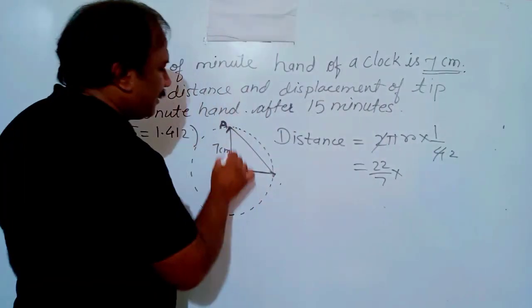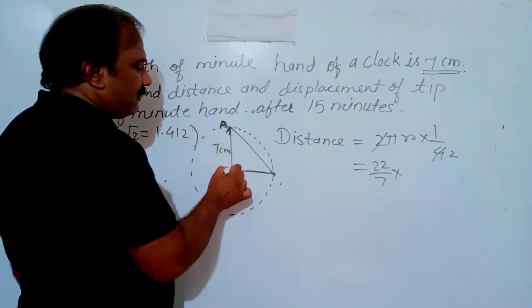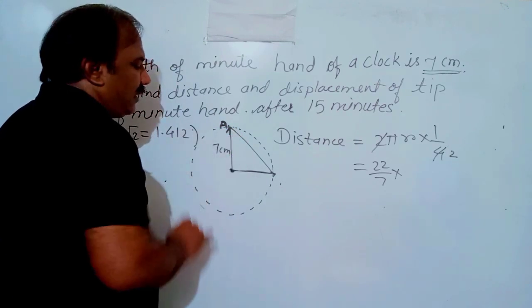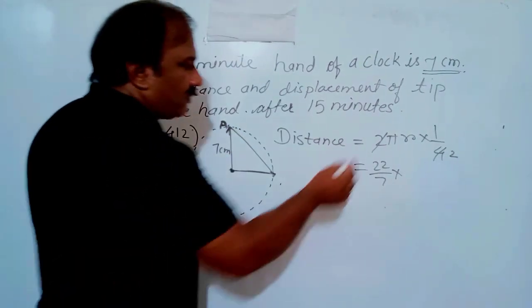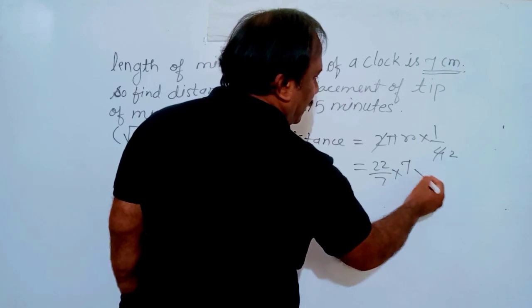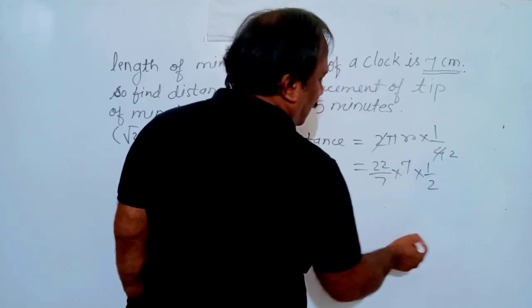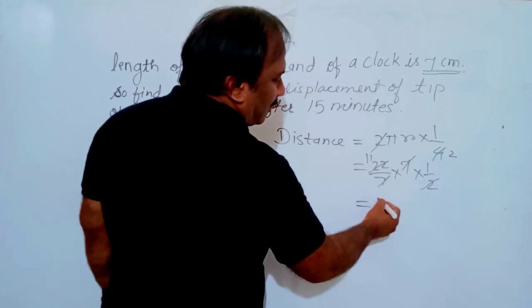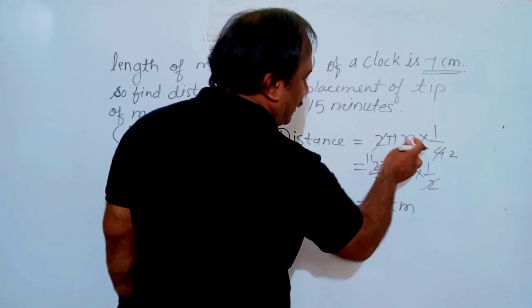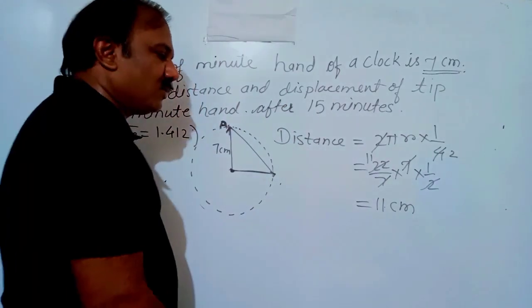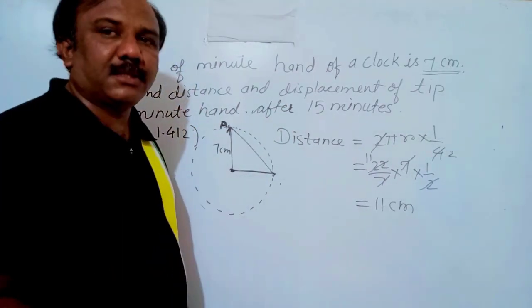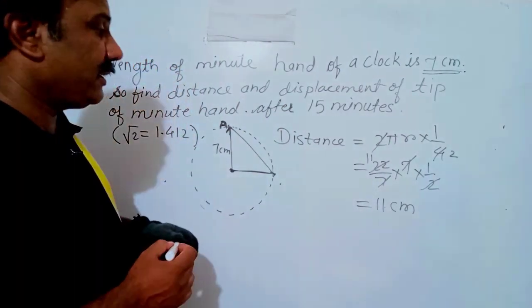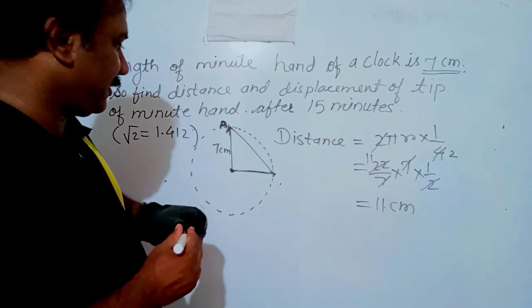So radius of this circle is equal to length of the minute hand. So what is the value of r? It is 7 into 1/2. So 2 11s are, so 11 centimeter, as r is given in centimeter. So what is the distance? Distance is 11 centimeter.